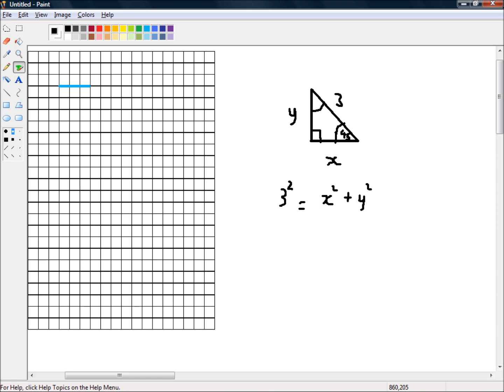And therefore, the x coordinate must be the same as the y coordinate, so that just makes it nice and easy to draw. So in that case, 3 squared is equal to x squared plus x squared, which is equal to 2x squared.